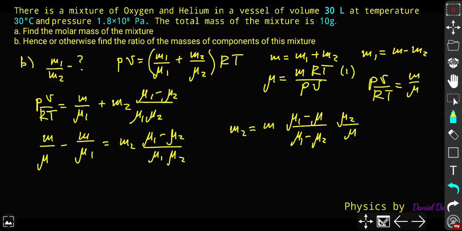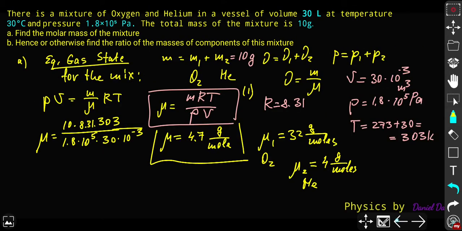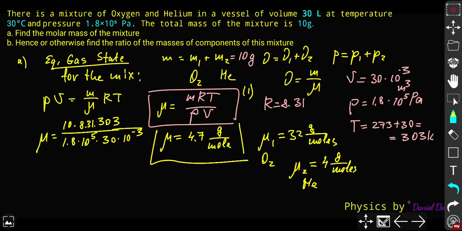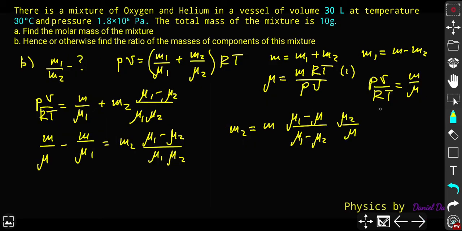Okay, yeah, it's fair enough. So as you remember, for mu2 we have 4 grams, so that means mu1 is going to be 32. The difference mu1 minus mu is going to be positive, right? Because it's literally, let's say, 32 minus just 4.7 grams, and that's definitely positive.